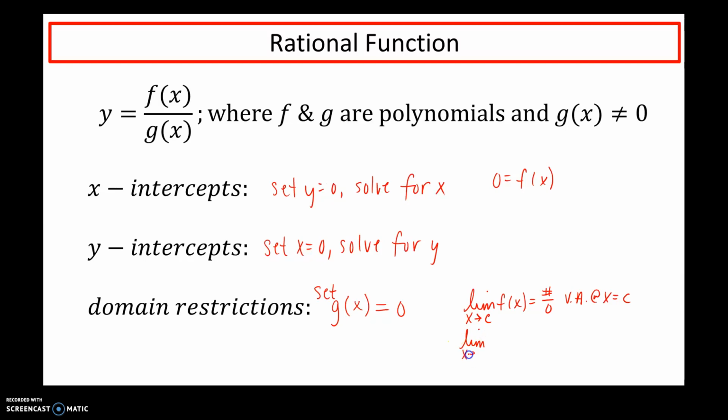If we take the limit as x approaches c and we get 0 over 0, remember that could be some other type of discontinuity. So what we looked at is it was a hole at the point c comma whatever the value of the limit was after we did some simplifying.